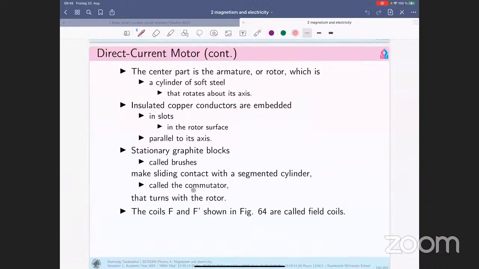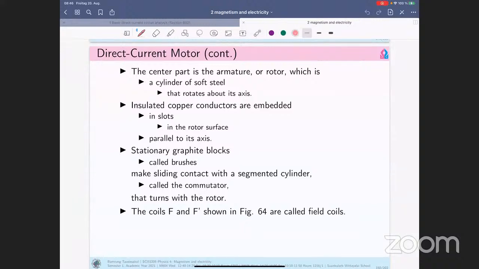The motor will be more complicated than the solenoid that you have seen, because the purpose of the motor is to deliver the mechanical torque. The good quality of the torque is that we should have continuous torque in every revolution or rotation.